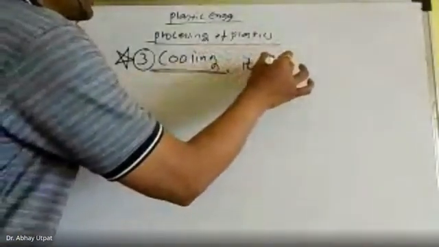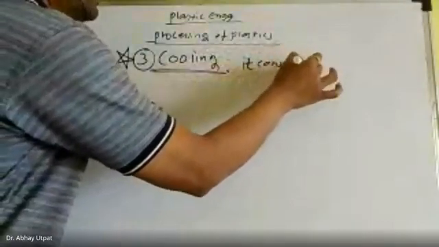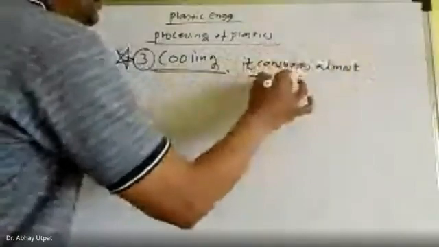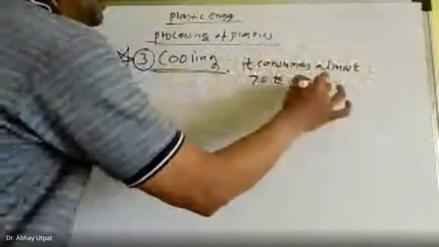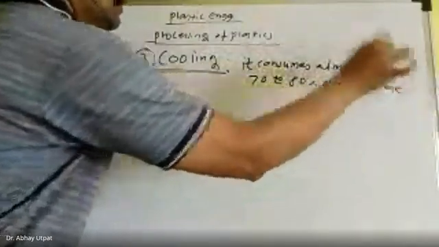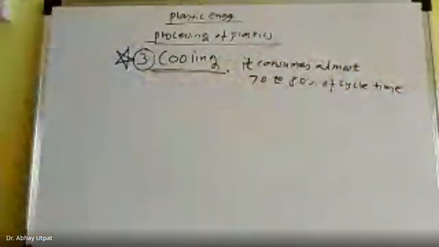Write this: it consumes almost 70 to 80% of cycle time.